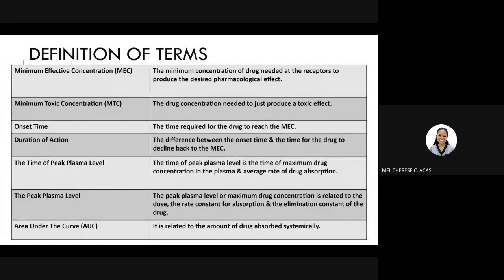For the peak plasma level, it is the maximum drug concentration reached in the plasma. I will discuss this later in the next slide. This is related to the dose and the rate constants of absorption and elimination. For the area under the curve, this is usually the amount of drug absorbed systemically.